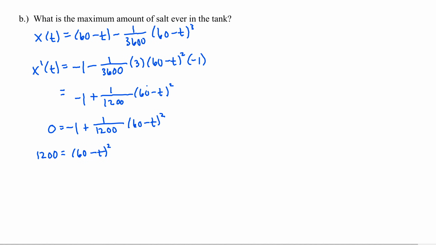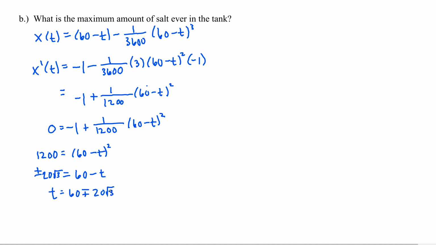If we think of 1,200 as 400 times 3, the square root of 400 is 20, and the square root of 3 we'll leave under the radical. So the square root of 1200 would give us plus or minus 20 square root of 3. We do want the ability to give an exact answer so we can avoid rounding error. And solving for t, we're going to get t equals 60 minus or plus 20 square root of 3.